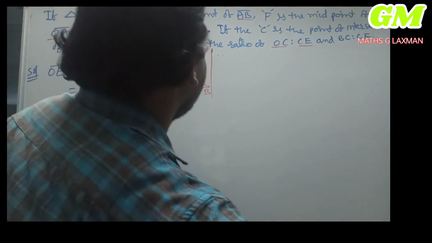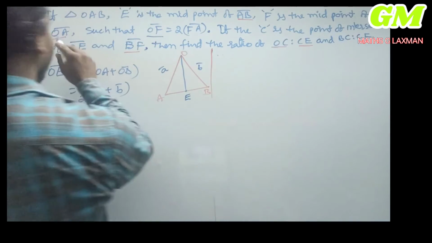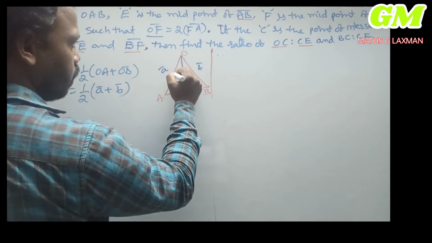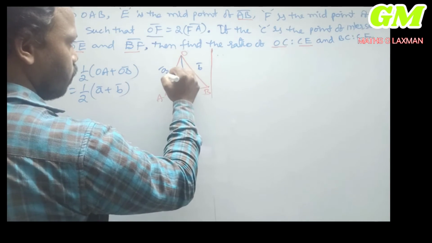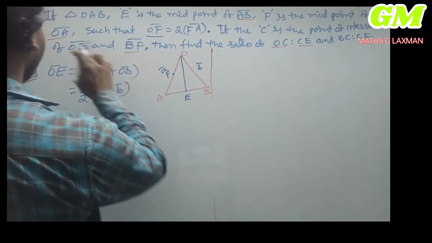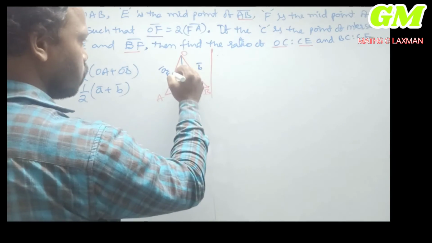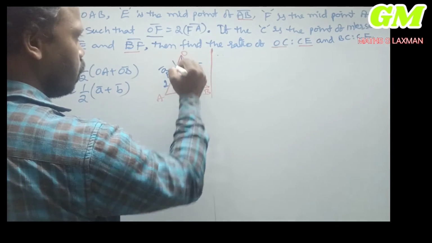Now next, what is given? F is a point on OA such that OF is equal to 2 times FA. It's not a midpoint actually.